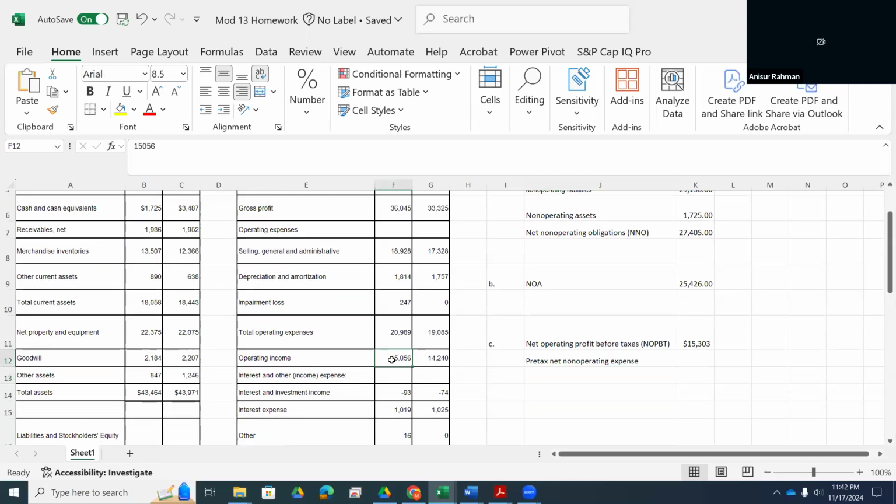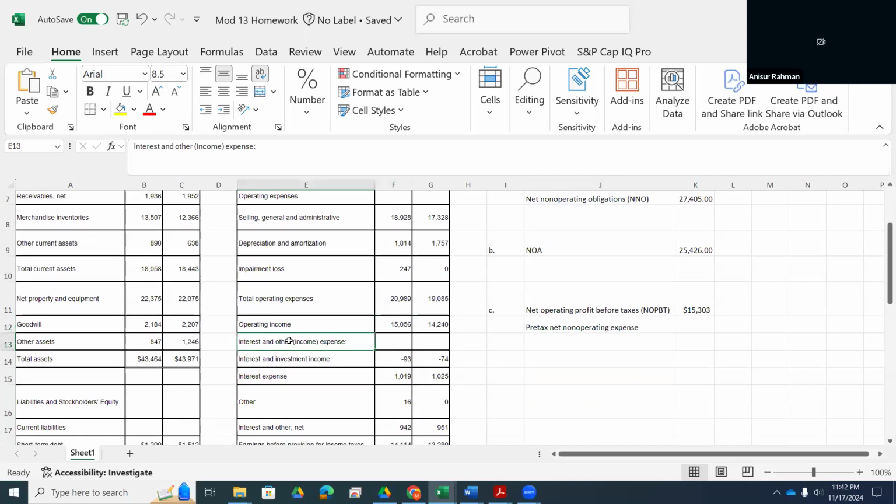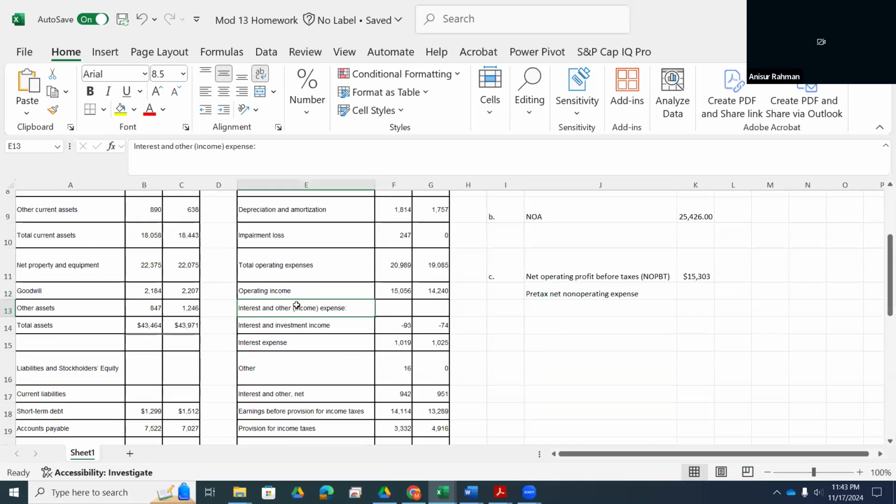We have operating income, and then we have interest and other income expense. We have nothing for this. We have interest and investment income, yes. And then we have interest expense, this. So this one is basically the sum total. This is the major category for all these. I misspoke.